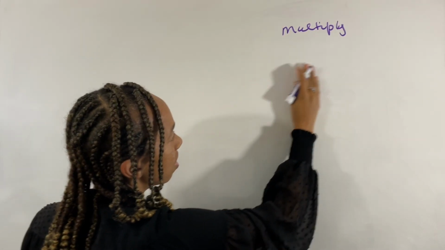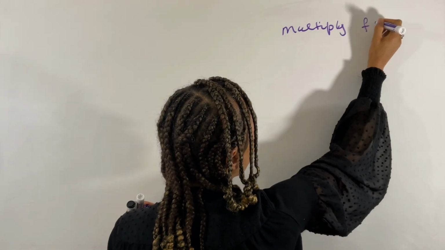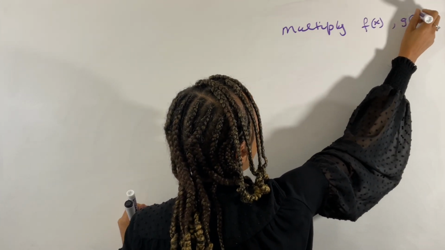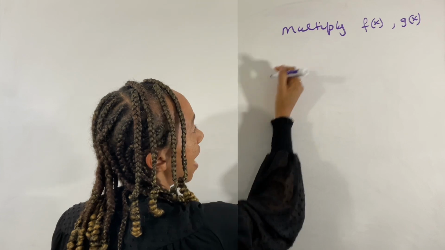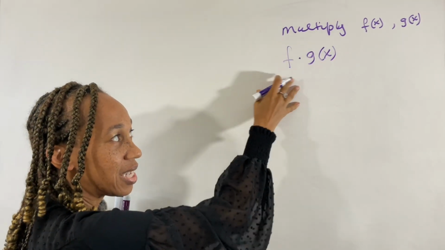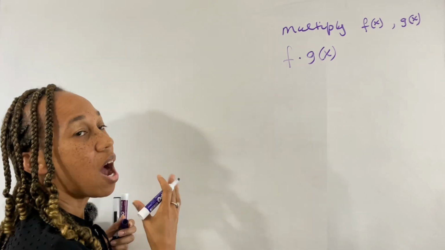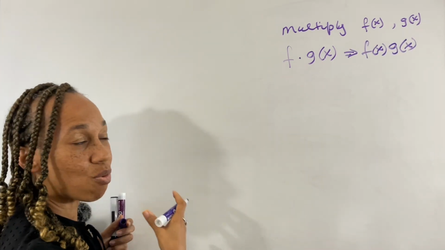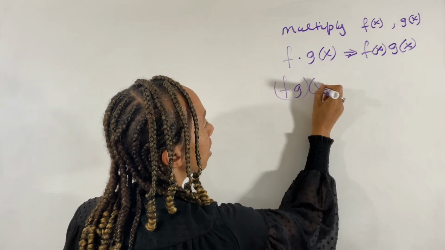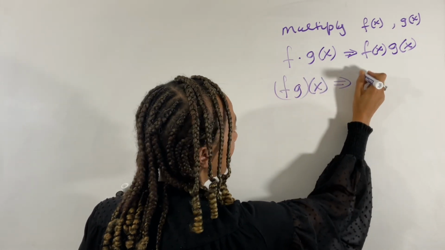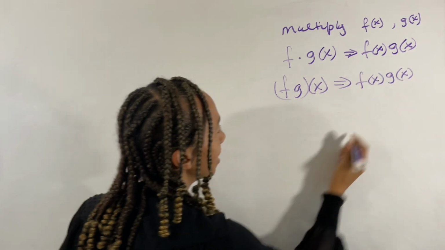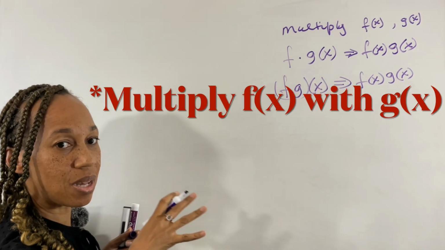Multiplying functions: you're given a function f of x and g of x, and you need to multiply the functions, f dot g of x, meaning you're multiplying the functions. Another way you might see this written is fg of x. Once again, you're just multiplying f with g. That's what it simply means.